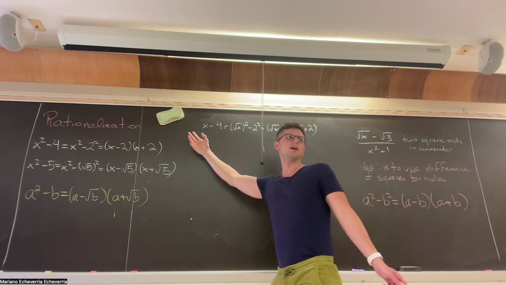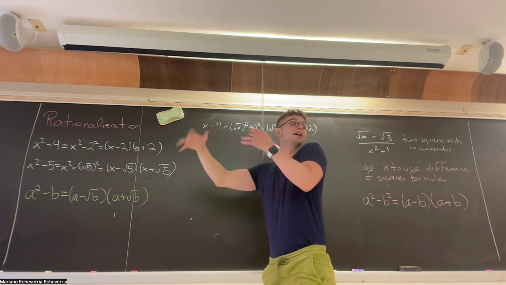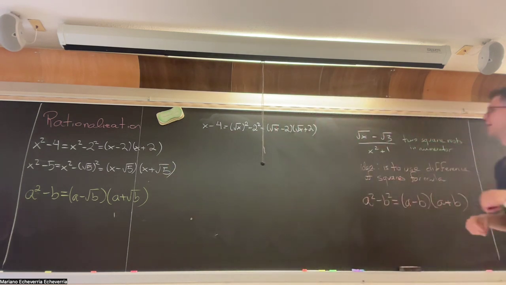Okay? So again, the second term was a square in an obvious way. The first one, not so much, but that is the point of the square root, that you can make things a square.